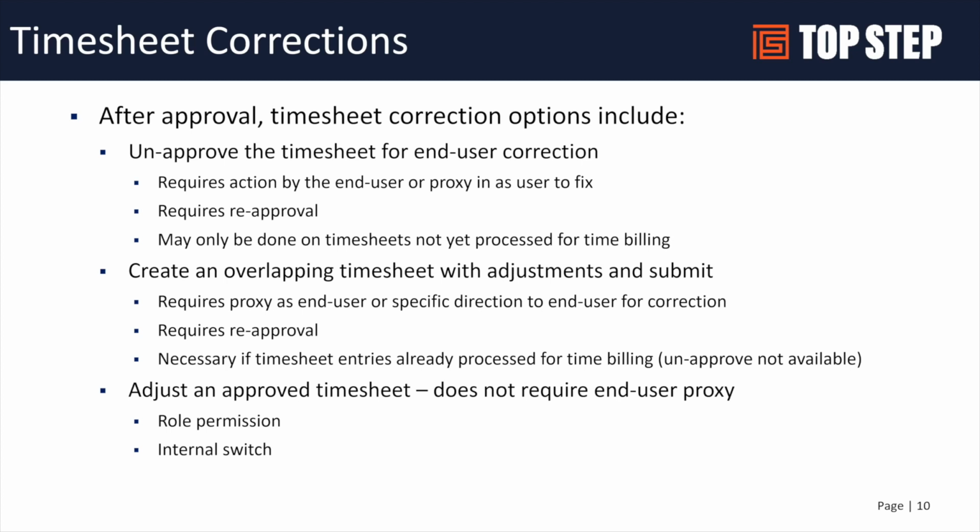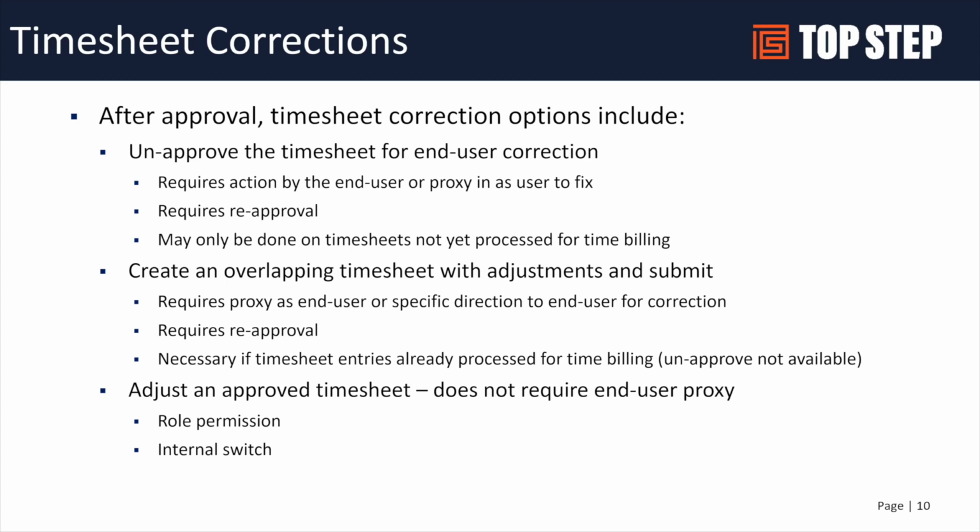The better option of all of these, other than unapproving, is the timesheet adjustment. When it was first released, it was a real benefit, because before that, unapproving or overlapping were your only options, and overlapping can get messy. It requires you to know what you did wrong and what it should be, and you can get that wrong as well.